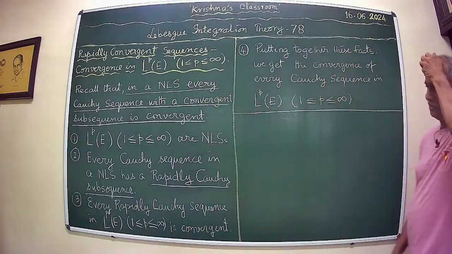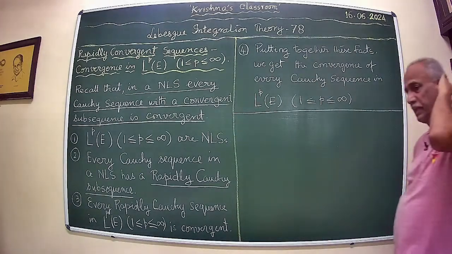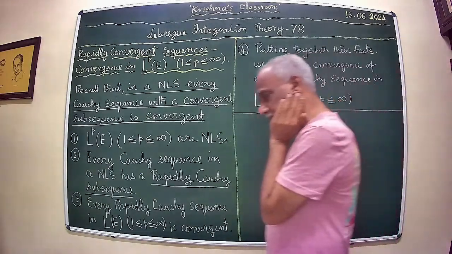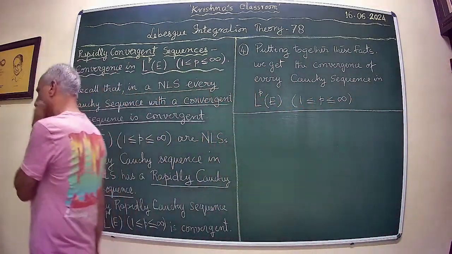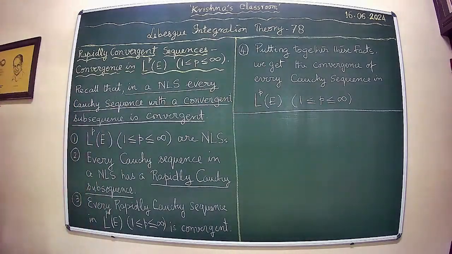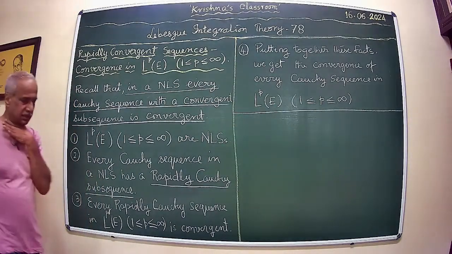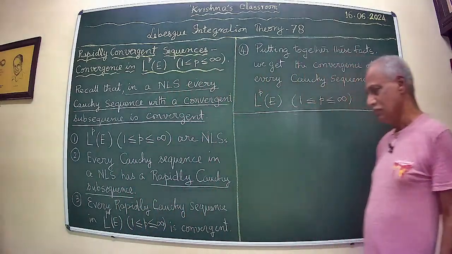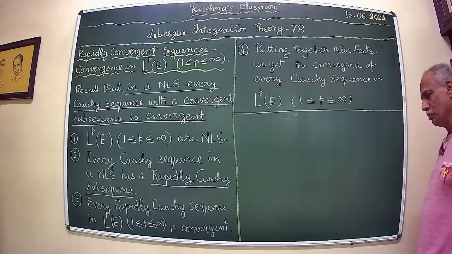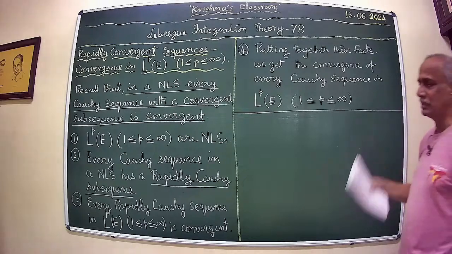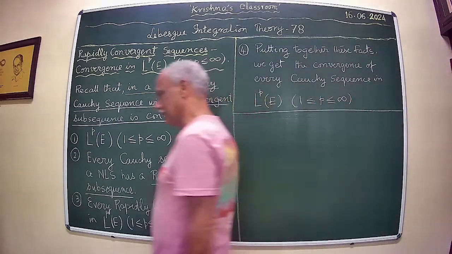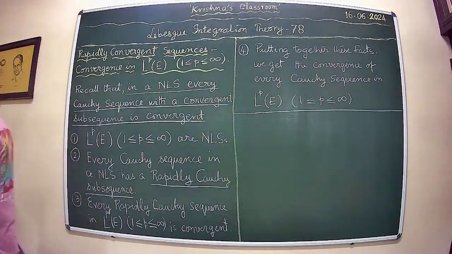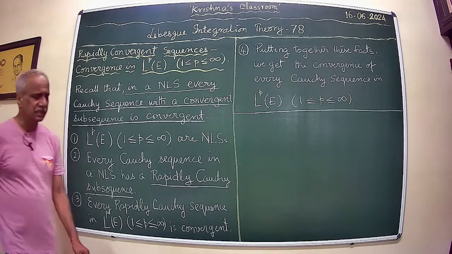Now, this is a statement which is not in general valid in normed linear spaces which are not complete. I mean, obviously, they are not valid, because you can always construct a Cauchy sequence which does not converge in that space.